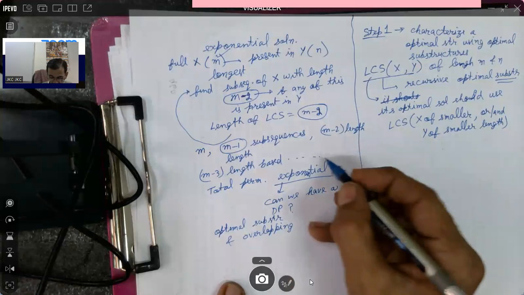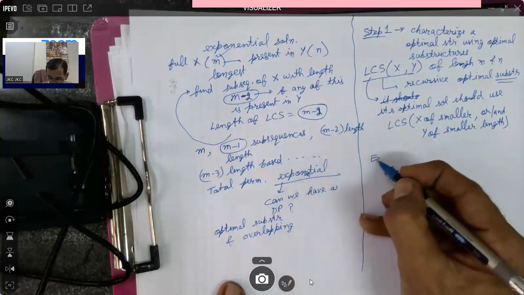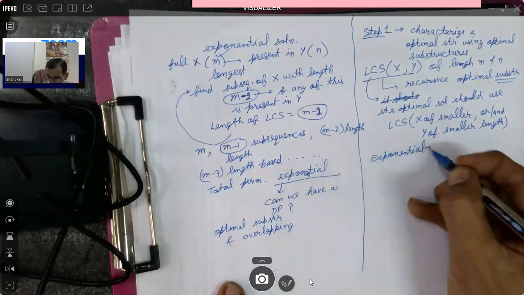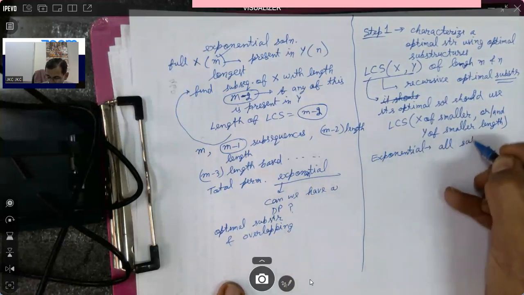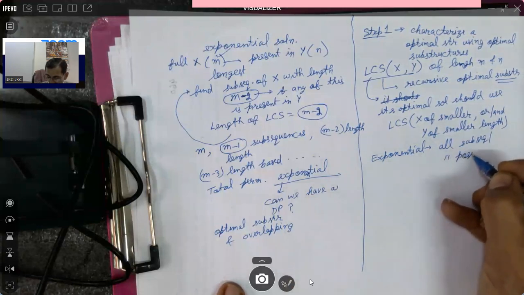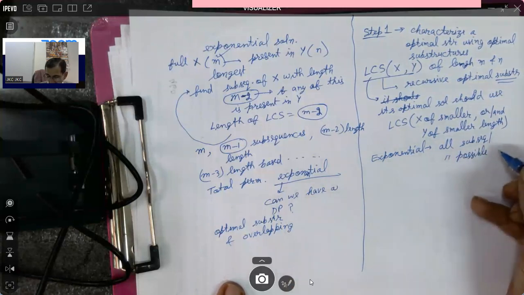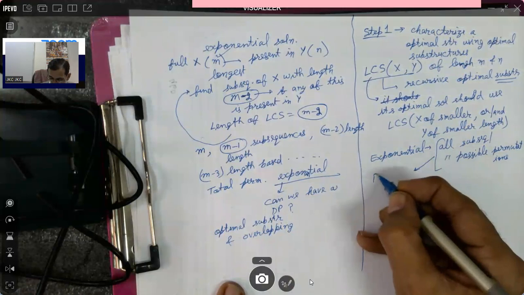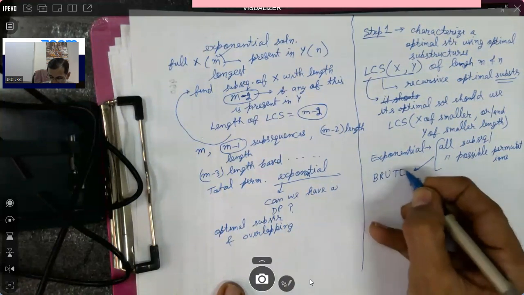So the solution which we just did exponentially, considering all permutations, all subsequences, in general all possible permutations, and then finding which one is the most lengthy or longest. If I'm talking of such alternatives being followed, such a solution is normally called a brute force solution.